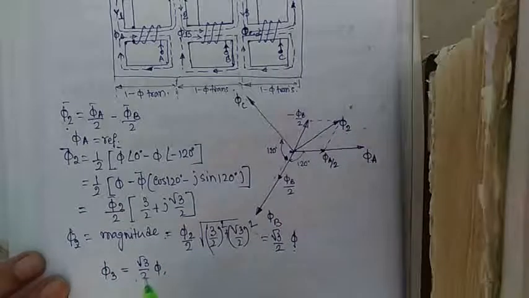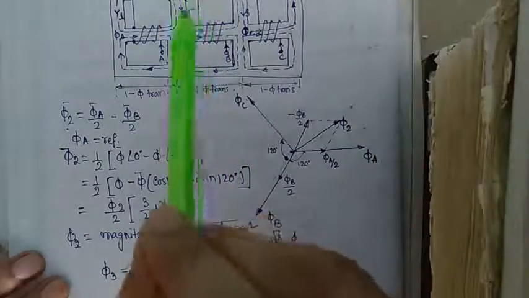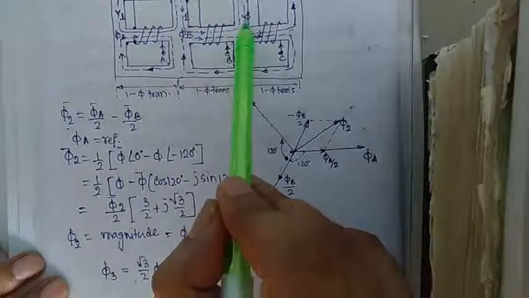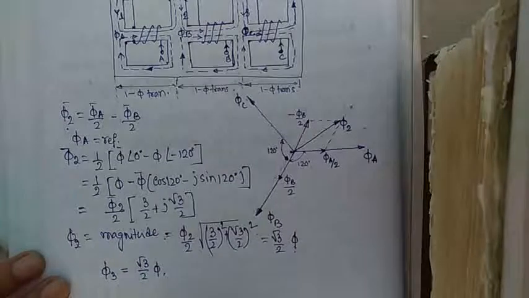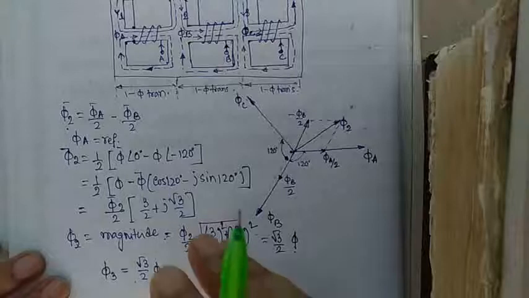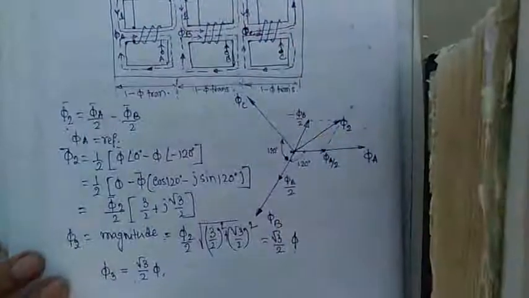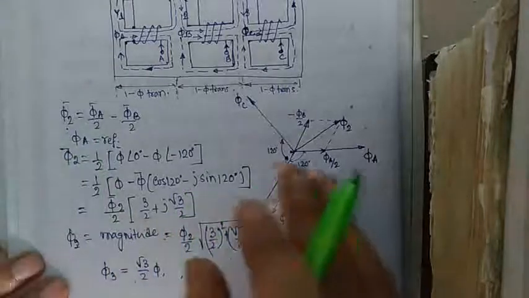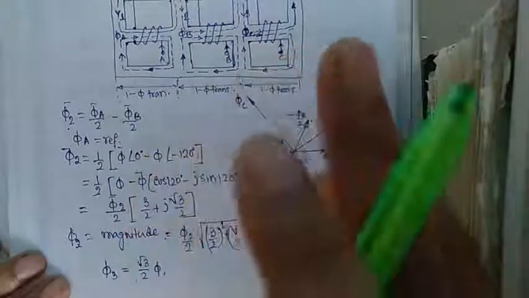For the same flux density, the cross-sectional areas at segment 2 and segment 3 are root 3 by 2 times, that is 86.6% of the central core area, where the flux is phi, equal to phi A, phi B and phi C.